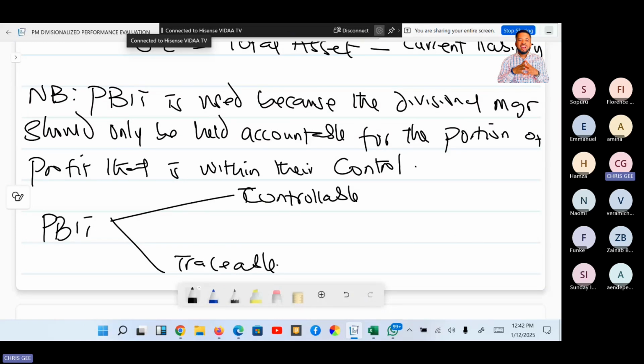Strategic decisions are made by who? Head office. So what that simply means is that if you are having any interest element here, if the decision is coming from head office, it means that that cost should be with the head office at the end of the day. And so you shouldn't use that interest expense, charge it to my profit to use it to appraise it, because it's not within my profit. Do you understand that?